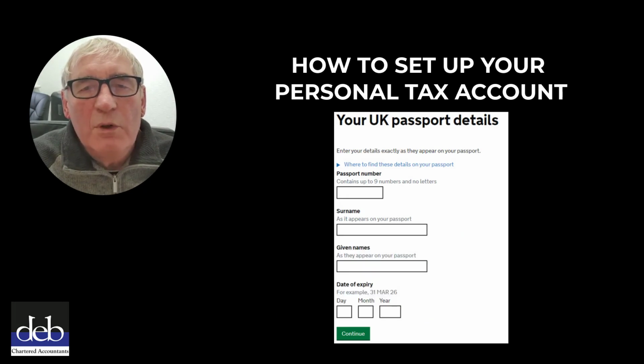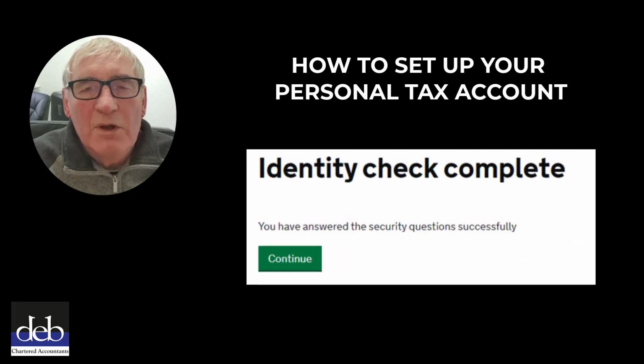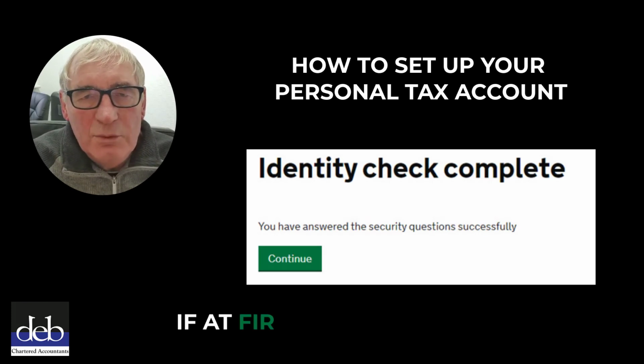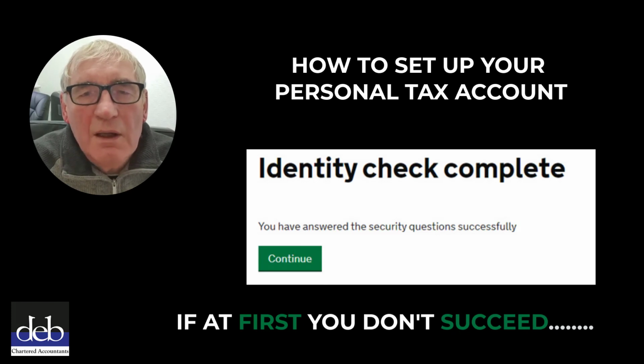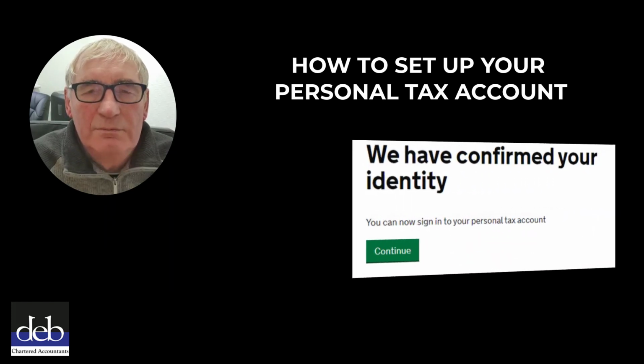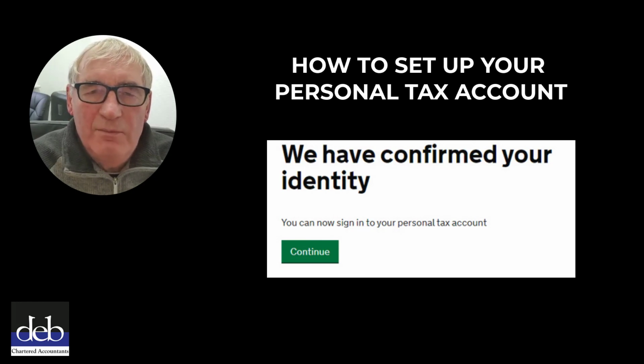When you have entered all the required details, click on Continue, and hopefully they will confirm that your identity check has been successful. If you fail to be successful, then you will need to go back and try again until you are. Then click on Continue. On the next screen, it tells you that your identity has been confirmed.